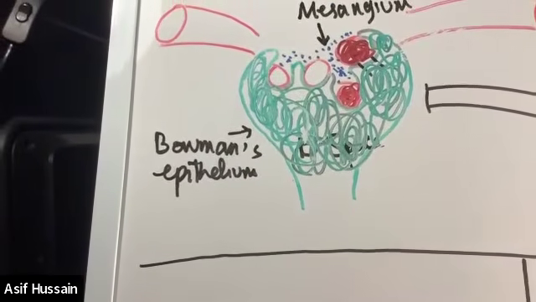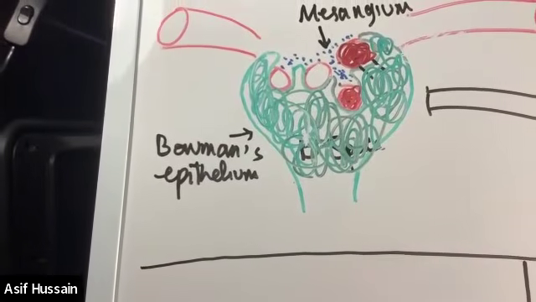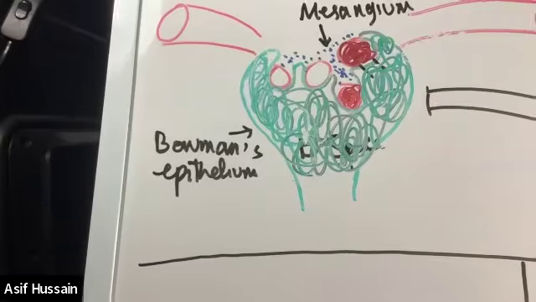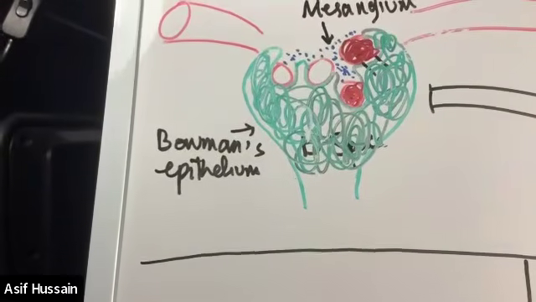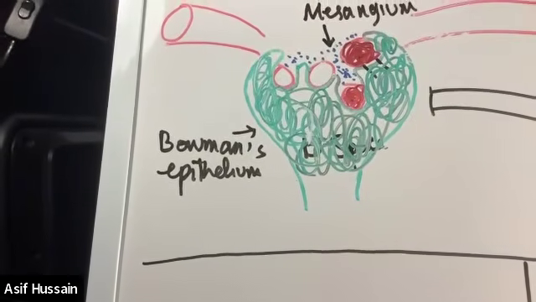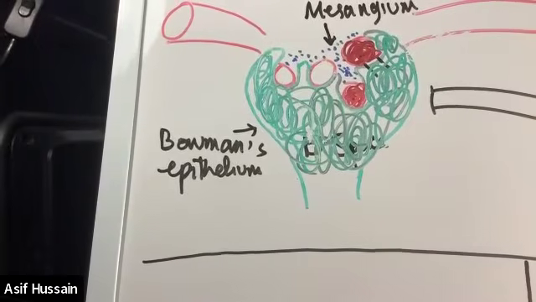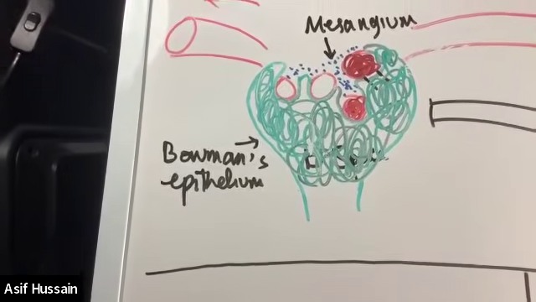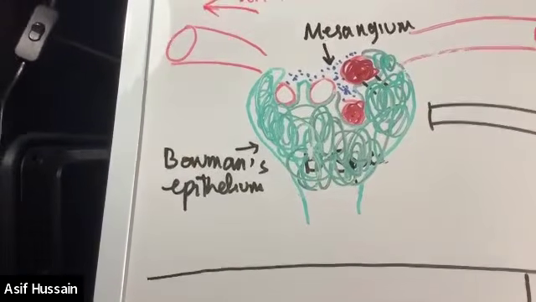So this crescent formation initially is cellular because it is made up of the Bowman cells and the inflammatory cells. Ultimately, those cells will lead to fibrosis, and that will become sclerotic or fibrotic crescents. If the crescent is basically cellular, it means the inflammation is active and immunosuppression will work.